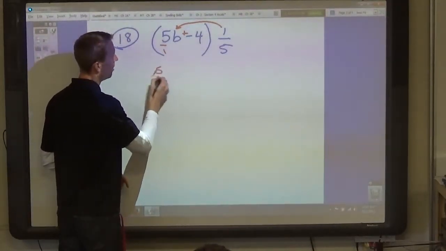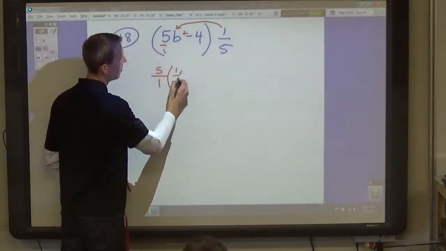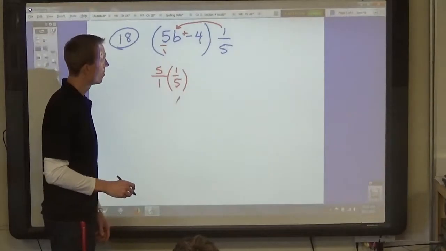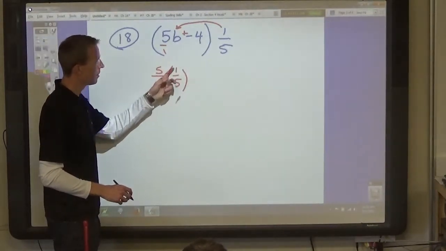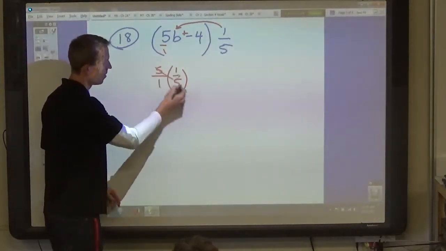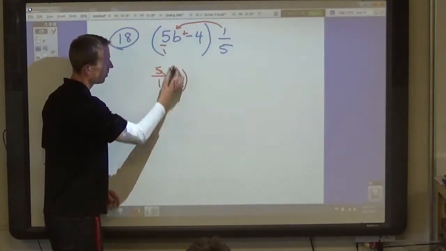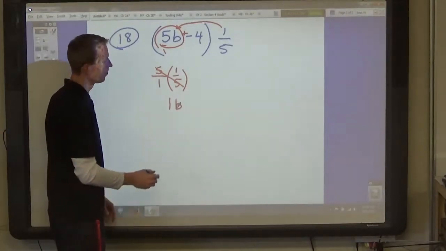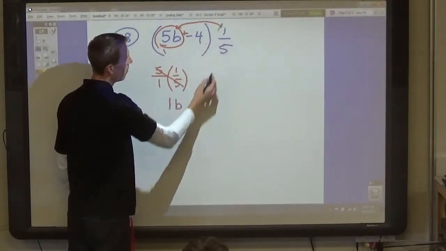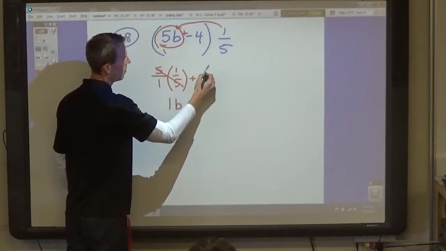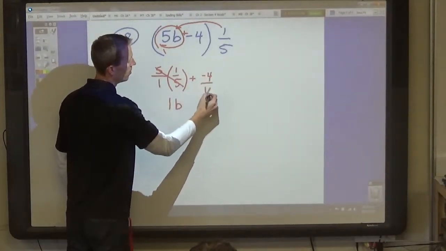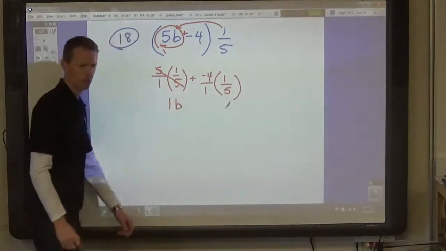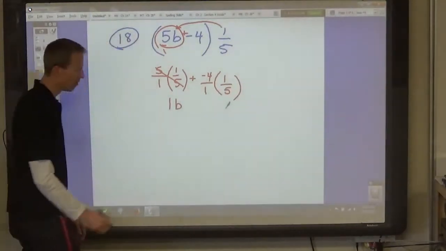There's a one at the bottom of it. 5 over 1 times 1 over 5 is 1. So this becomes 1b, or just b. 1/5 times -4. Negative 4 over 1 times 1 over 5 is negative 4/5.